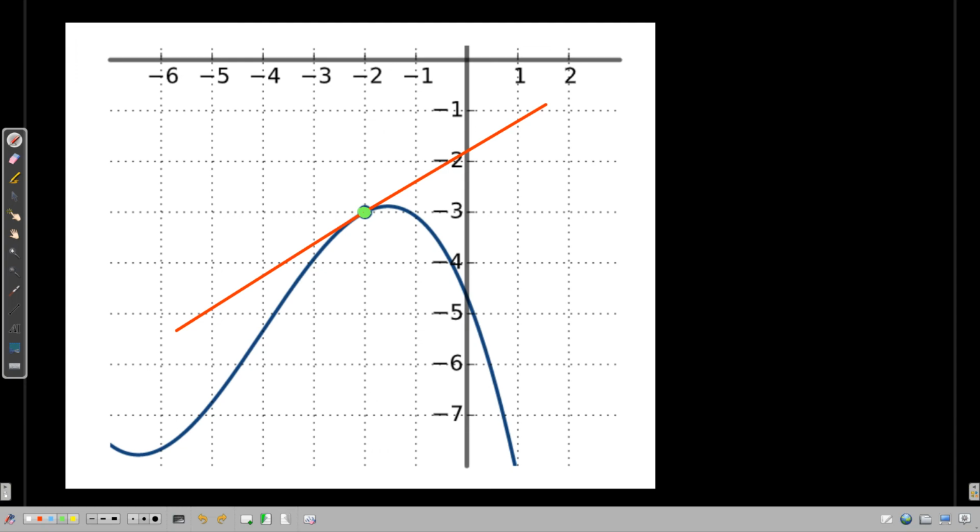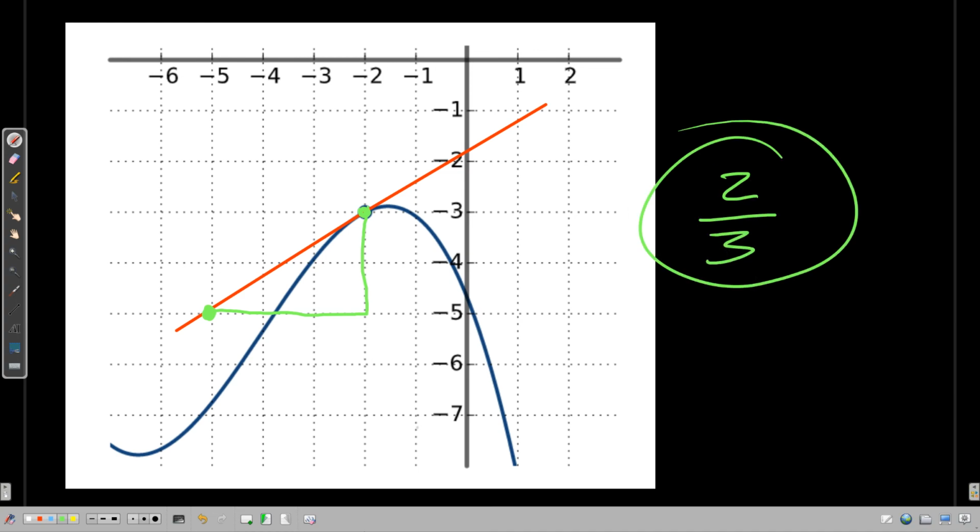So I might have to run 3 units and then rise 1 3/4. That's not looking good. How about I do it like this? Let's pretend it went through that grid line there. Then I went over 3 and up 2, so that's 2/3. I'm going to go with 2/3.